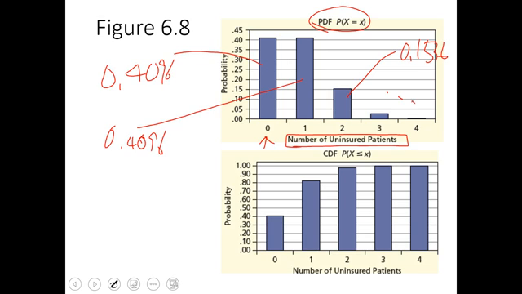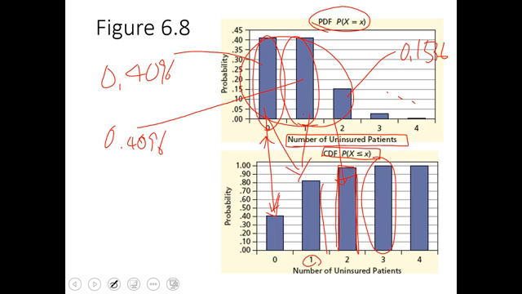Okay. And that is the cumulative distribution function. So the first bar is this one, and the second bar is the sum of these two numbers, here. And this one is obtained by the sum of these 3 values, and this one is obtained by the sum of these 4 values, and the sum of all the numbers will be here.